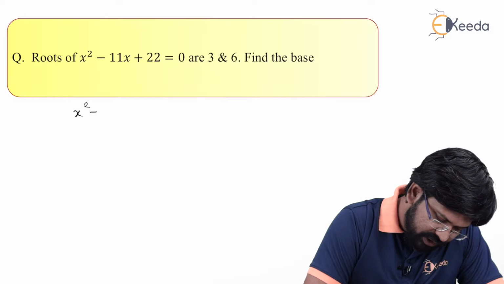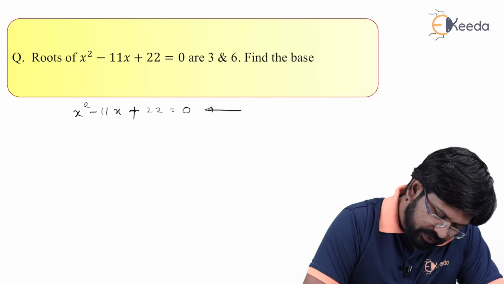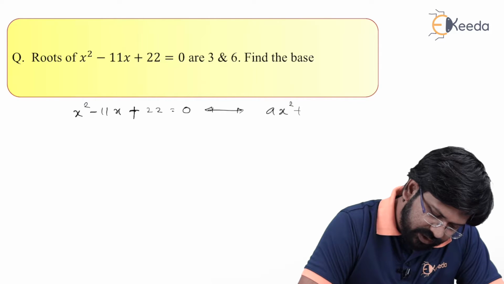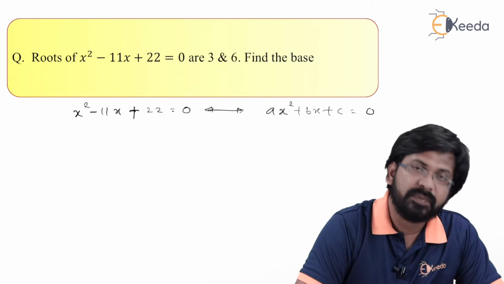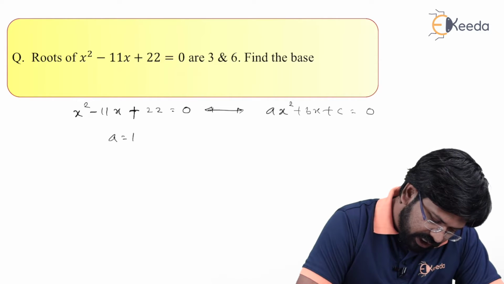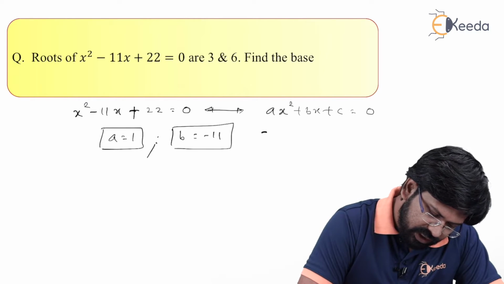x square minus 11x plus 22 equal to 0 can be compared with the standard equation, which is ax square plus bx plus c equal to 0. Is that right? So by comparison, you will see a is equal to 1, b is equal to minus 11, and c is equal to 22.